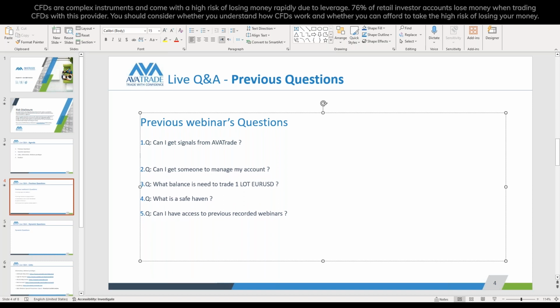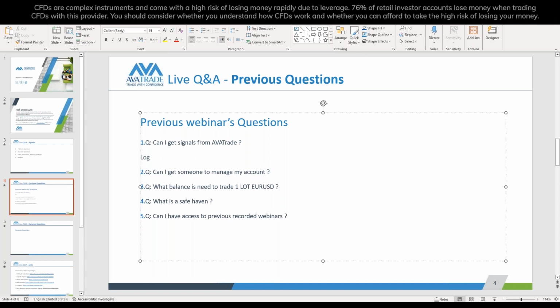Actually, let's make it a little more useful. So log in to the website. Okay, click on signals at the left sidebar.